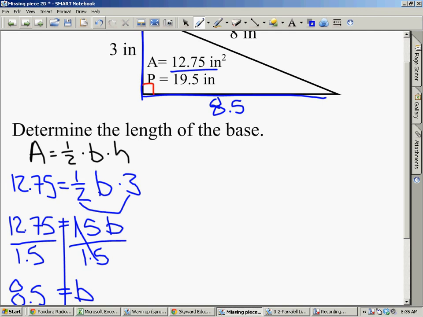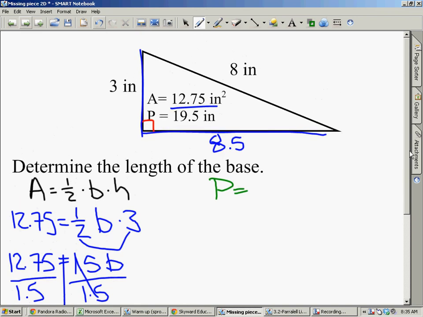You can plug it back into the formula to check, or you can use the perimeter. I know that the perimeter is all of the sides added together. So I have this side of 3 plus this side of 8 plus this bottom that I technically don't know yet, so I'm going to call x.